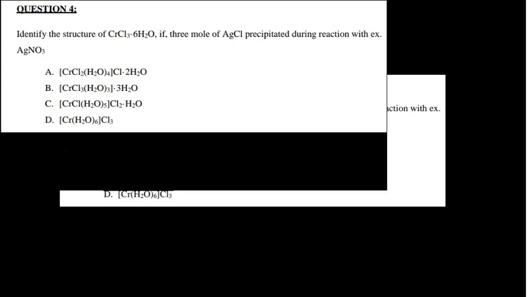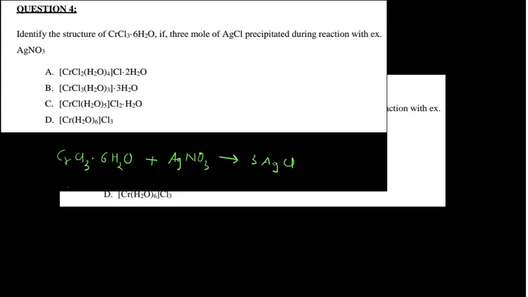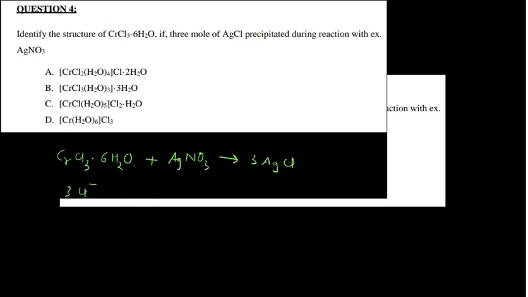In that case you have been given CrCl3·6H2O, and if you treat this with excess of AgNO3, it is giving you 3 of AgCl. What it means is that you must have 3 chloride ions in the ionization sphere.